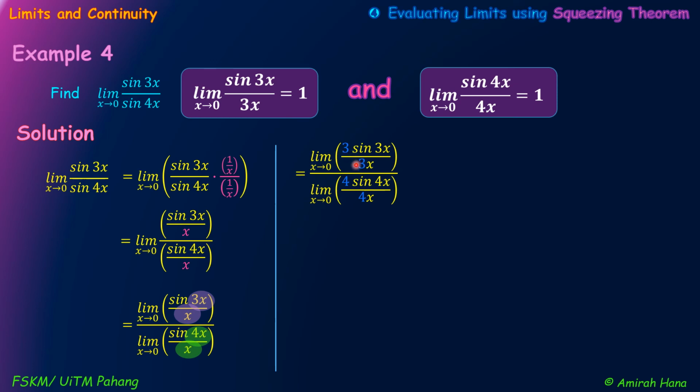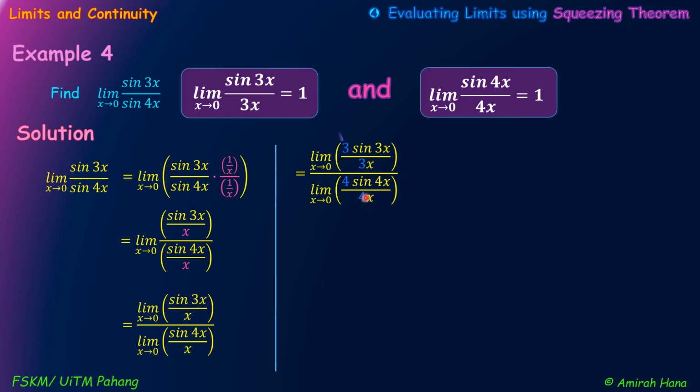Then we want the denominator to equal 4x, so that it exactly equals the argument of sine. When we multiply the denominator by 4, we also need to multiply the numerator by the same value so that it equals 1, and we get back the original function. So we want 3x here and 4x here.